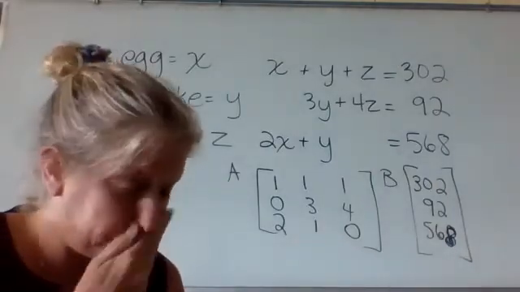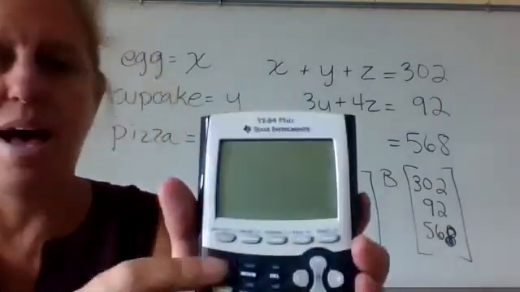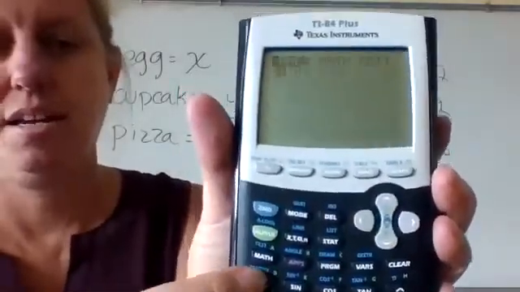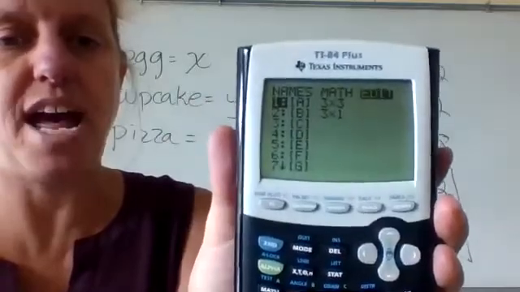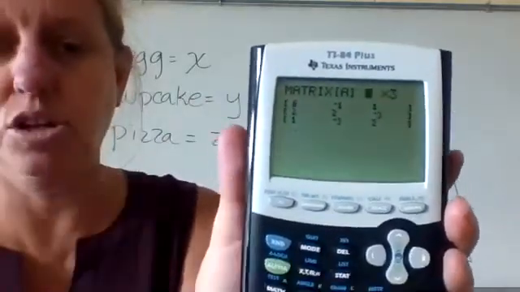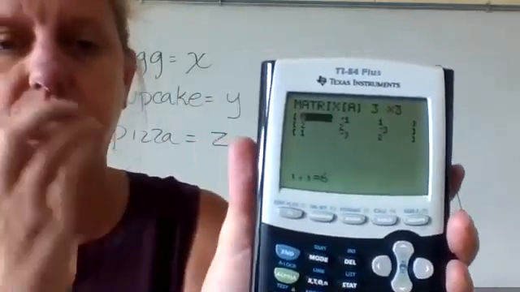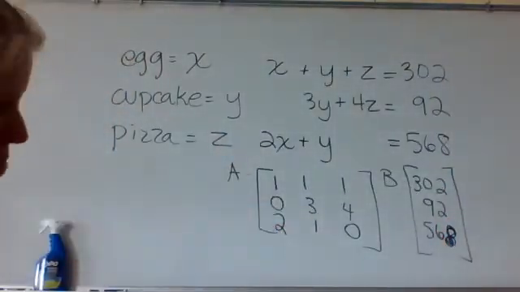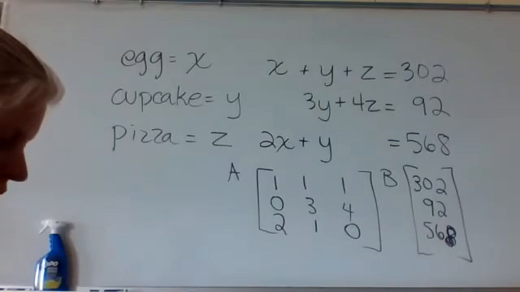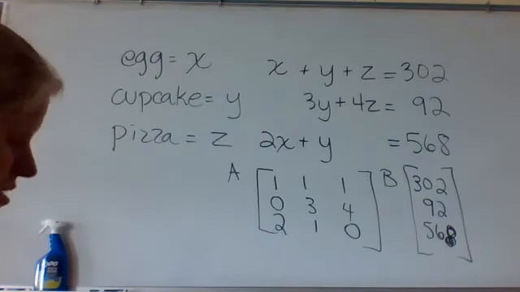So let's see. Back to second matrix. I'm on a new problem, so don't forget, go over to edit. It's still 3 by 3 this time. Enter your 3 by 3 matrix. So 1, 1, 1, 0, 3, 4, 2, 1, 0.